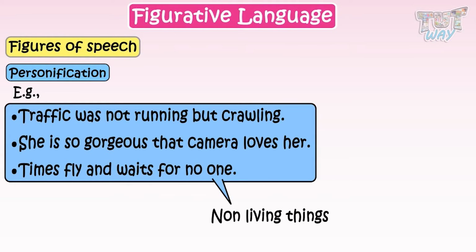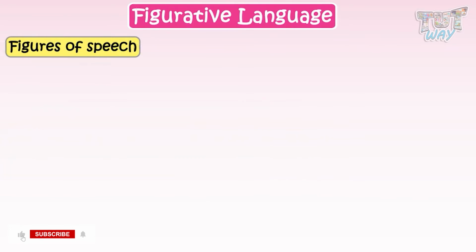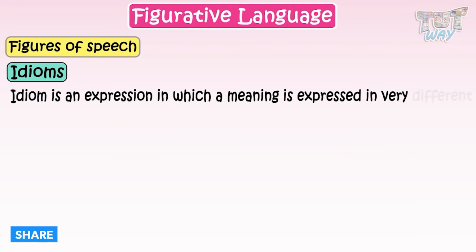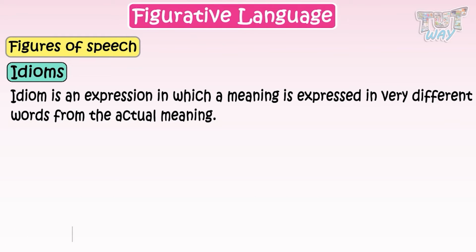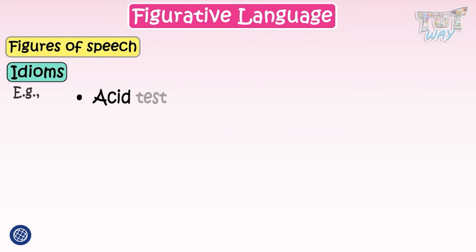Now, let's learn about next figure of speech, and it is idiom. Idiom is an expression in which a meaning is expressed in very different words from the actual meaning. Now let's have a look at some idioms with their usage. Acid test is an idiom.